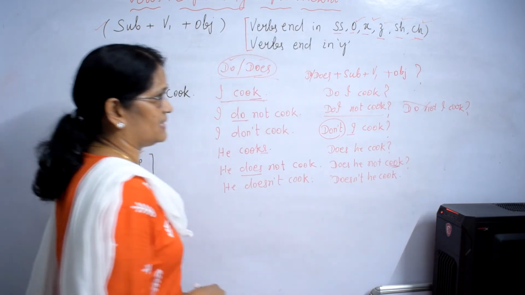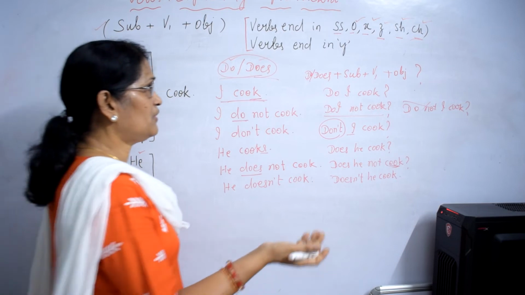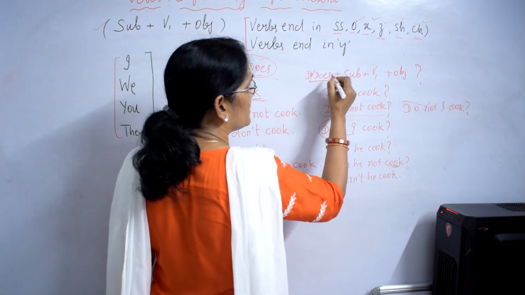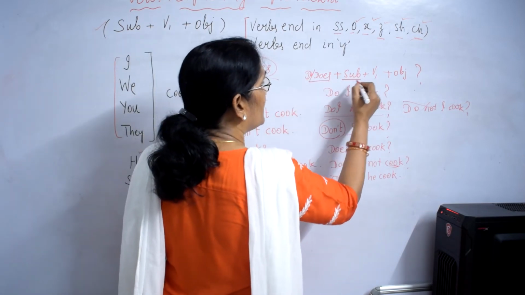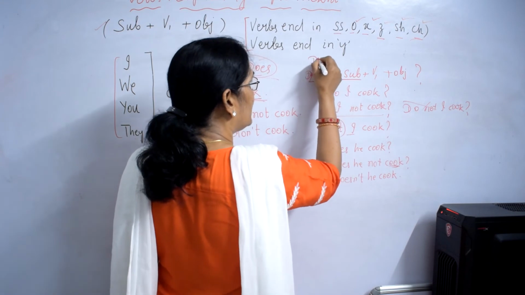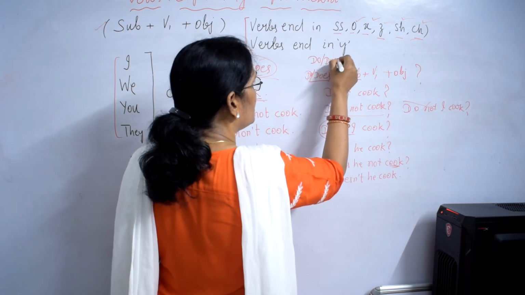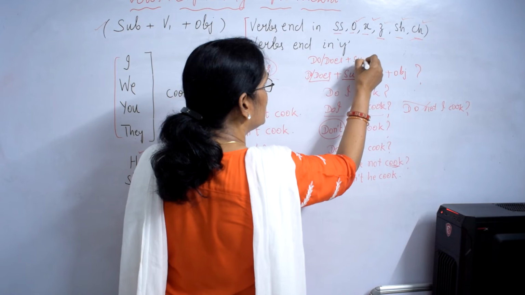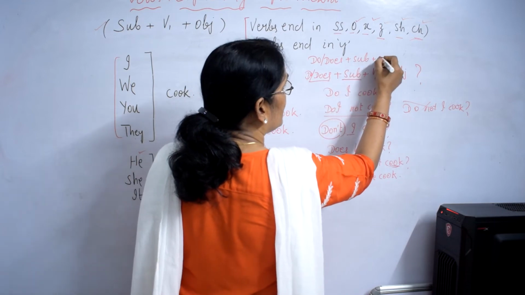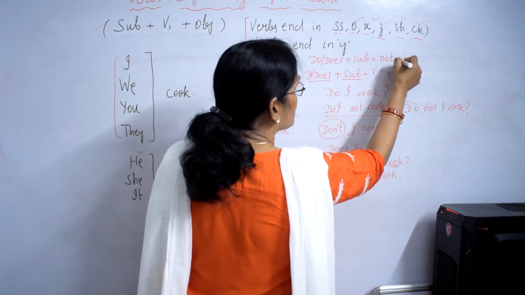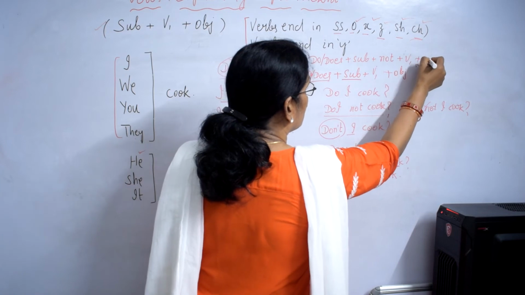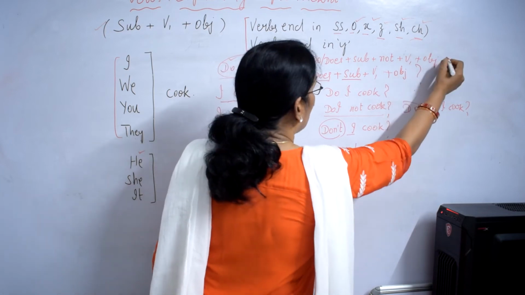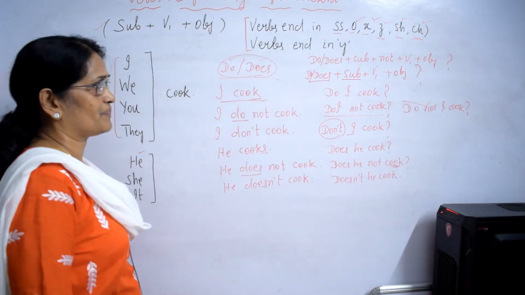for an interrogative sentence. For negative interrogative, do or does plus subject plus not. Writing again, do or does plus subject plus not plus V1 and object. Right? Question mark.